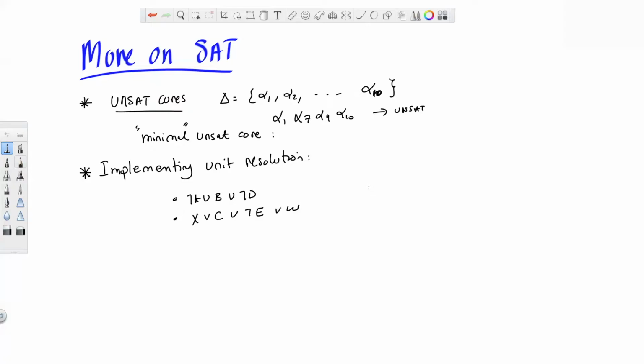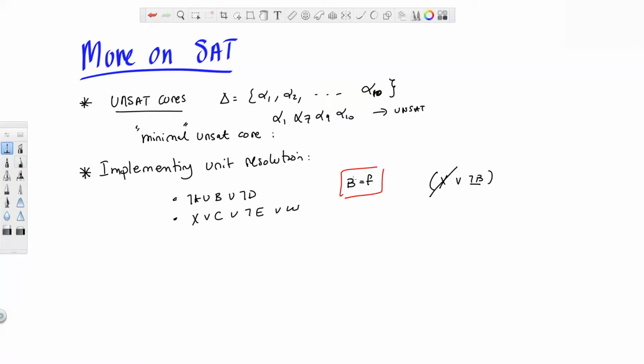So you may have the variable B take the value false. And usually this happens because of 2 things. You make a decision, you say, let me try B equals false. This is what we call the decision, or an implication using some other clause. So you may have had another clause that says X or not B, and because X was decided to be false and it got resolved, then you end up concluding that not B is false. So you get this, let's call it an implication here, or a setting in various ways.